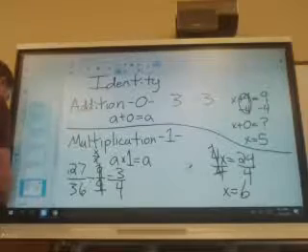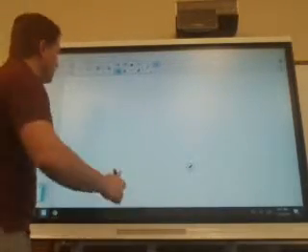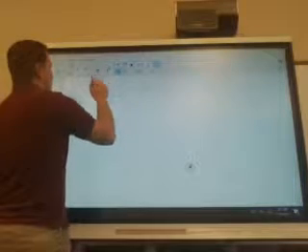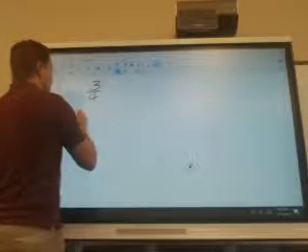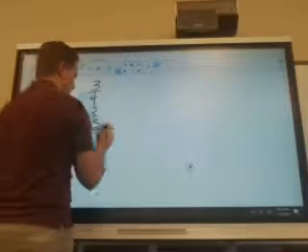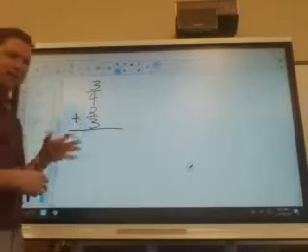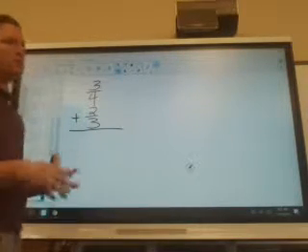So I want to go into another example about the multiplicative identity, and especially where we use it. When I have something like 3/4 plus 2/3, okay? Adding fractions, what a pain in the butt, right? Because you have to make the same denominator.